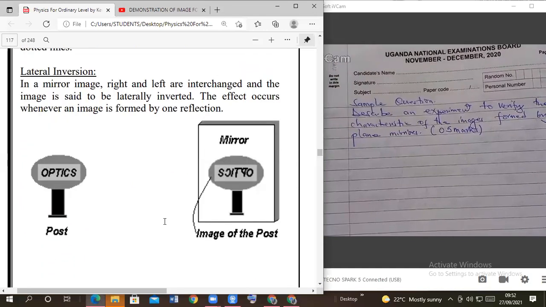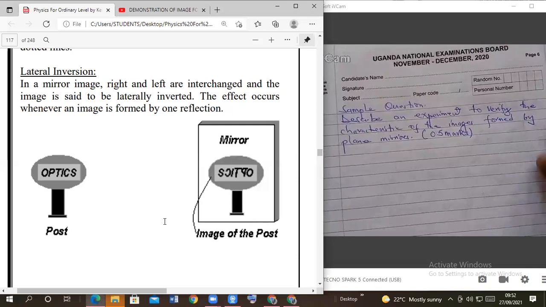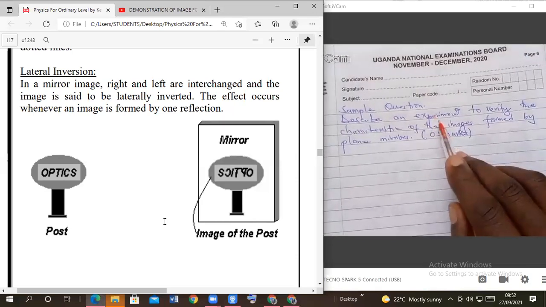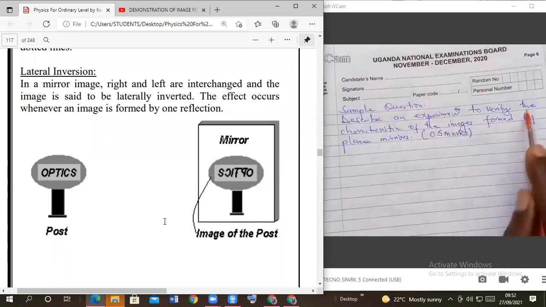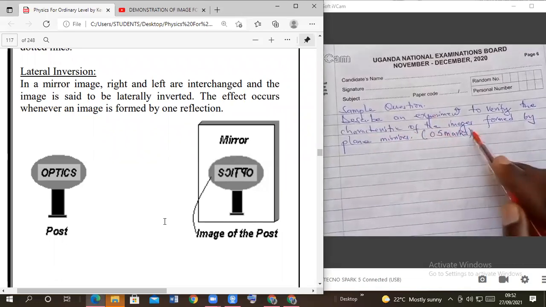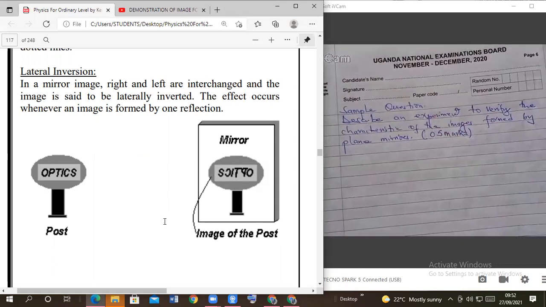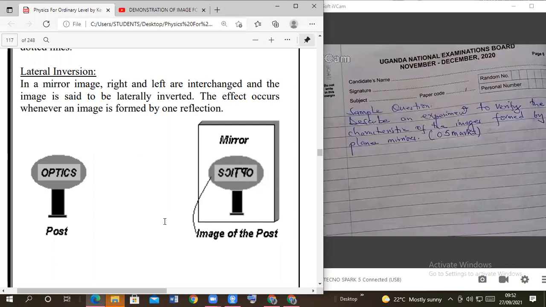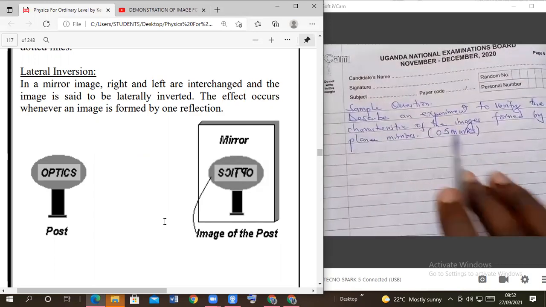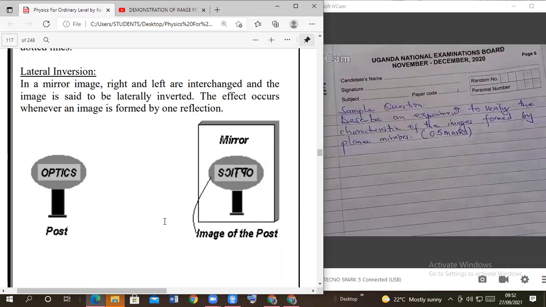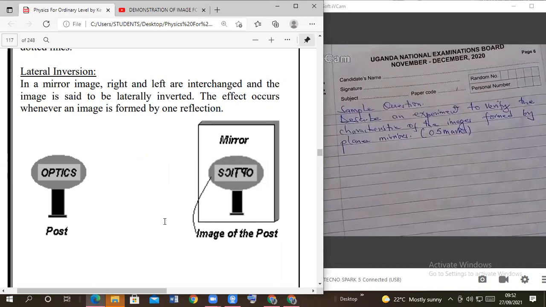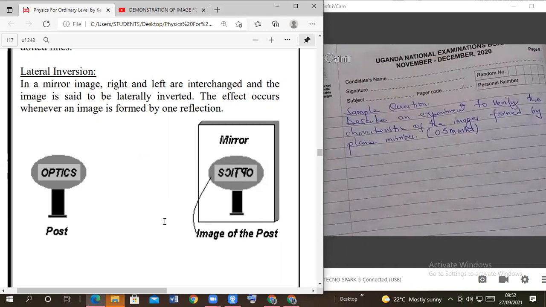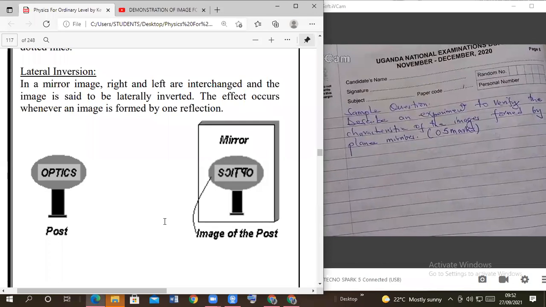If you remember very well what I was guiding you on the other time: the question is on an experiment. What are we verifying? We are verifying the characteristic of images formed by plane mirrors. So before even starting the experiment, you must be in a position to give the characteristics. One, the image is virtual, which means it is formed behind the mirror.